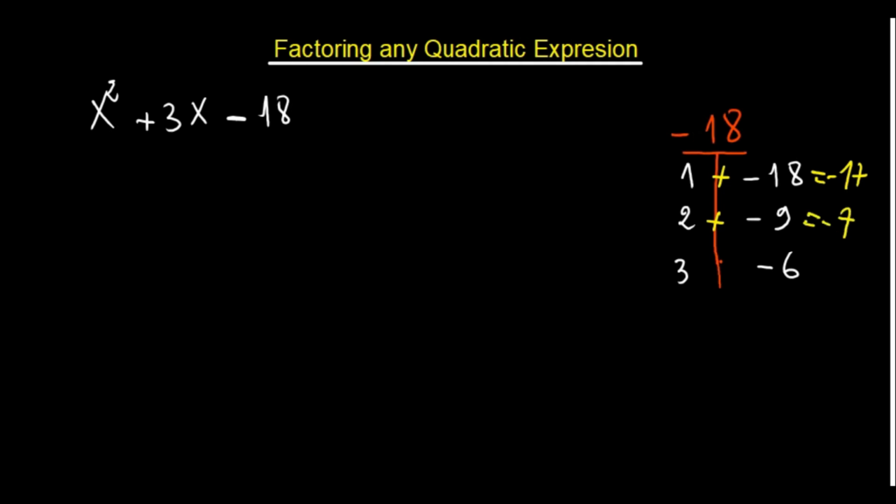The third, 3 plus negative 6, would give negative 3. So we need to change the sign: negative 3 and positive 6. If you add negative 3 and 6, it is exactly 3.